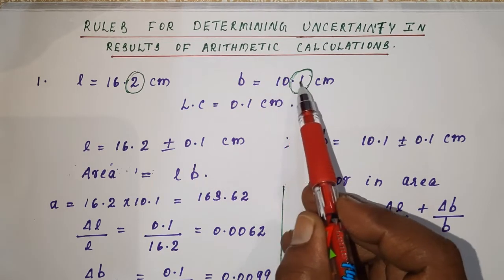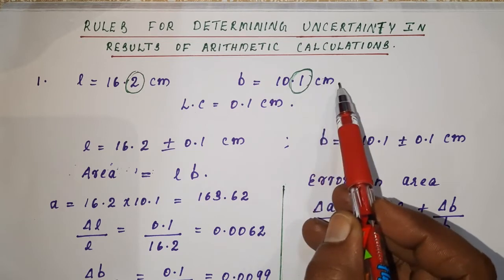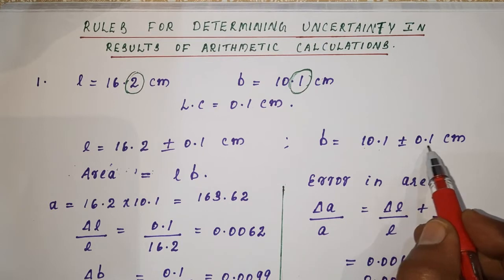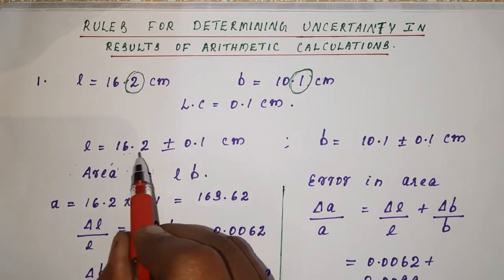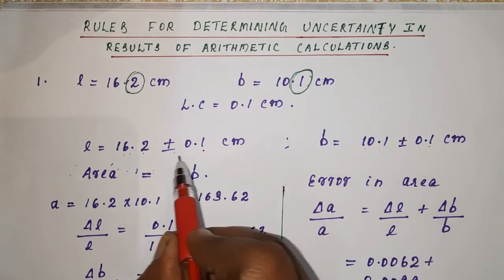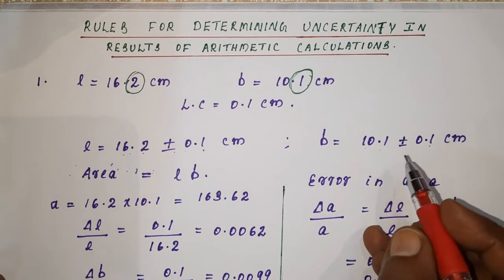So it can be 10.1 plus or minus 0.1, and likewise 16.2 plus or minus 0.1 centimeter. So we have written both length and breadth with the errors.